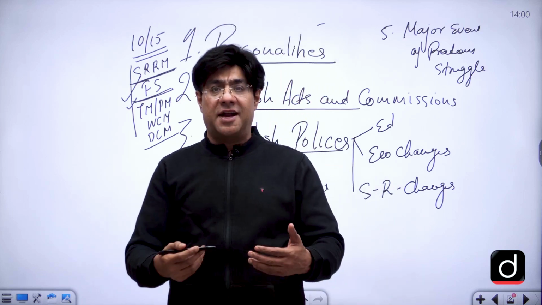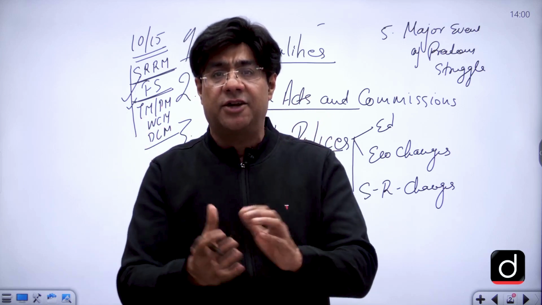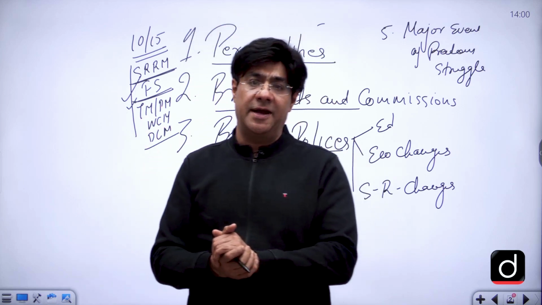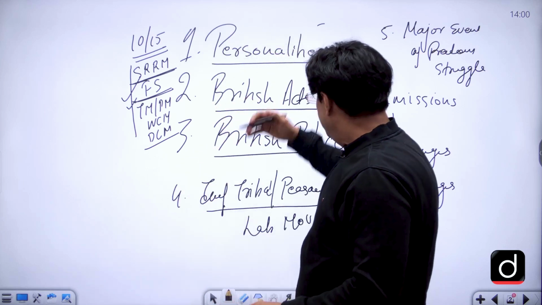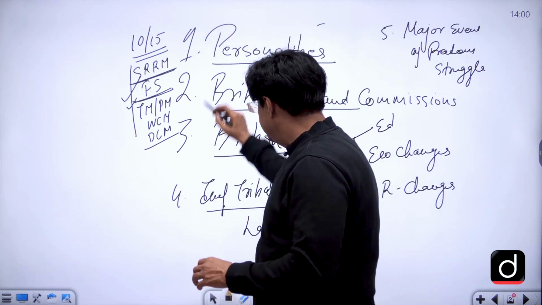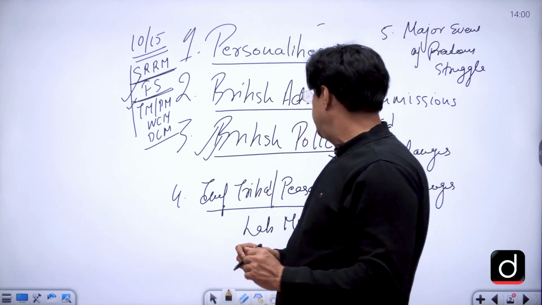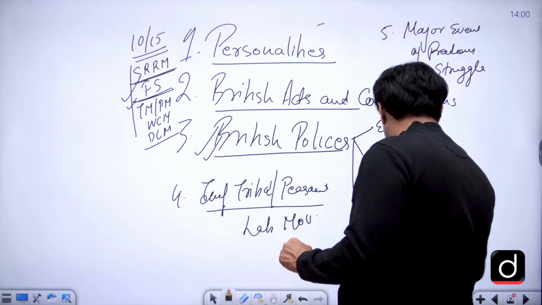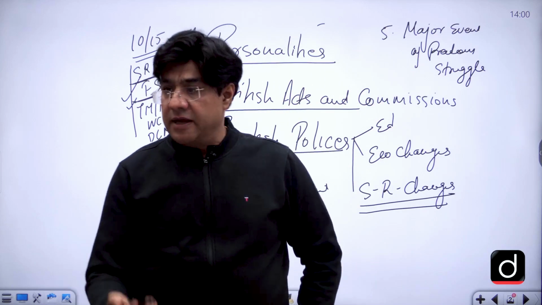Suppose we are just doing Raja Ram Mohan Roy. Obviously, while doing Raja Ram Mohan Roy, a little bit of emphasis will be given upon the nature and character of the socio-religious reform movement in India. So there you have read it. Now we come to the British policy. Just to give you an example, suppose we come to the British policies. Here again we will talk about socio-religious changes introduced by the British, as I said.